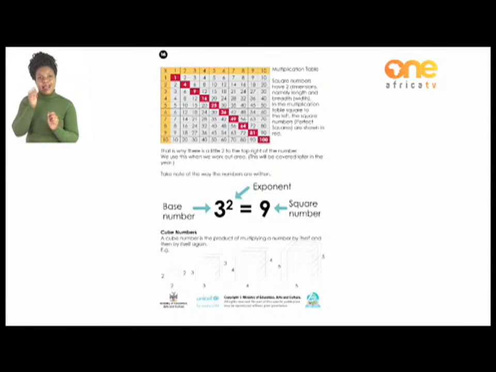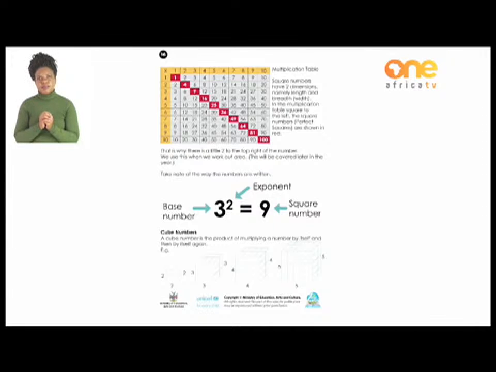To read on top on the right side is a multiplication table whereby we have square numbers. Square numbers have 2 dimensions, namely length and breadth, which is also the width. In the multiplication table square, to the left, the square numbers, or we can say the perfect squares, are shown in red.